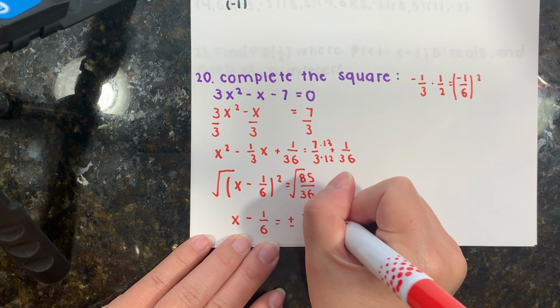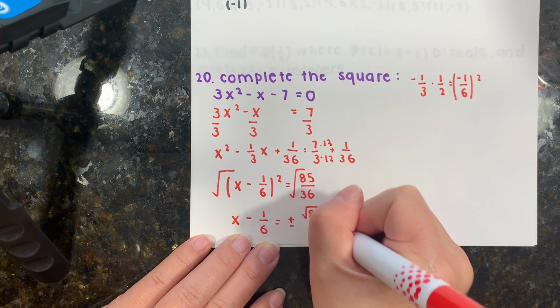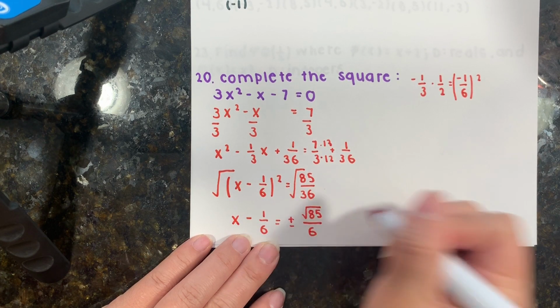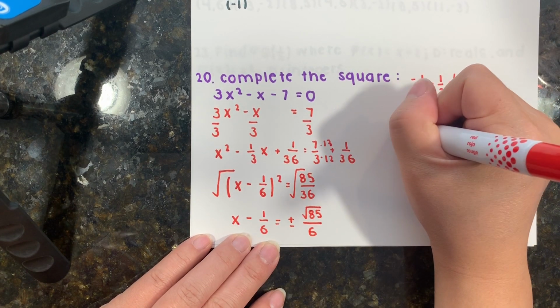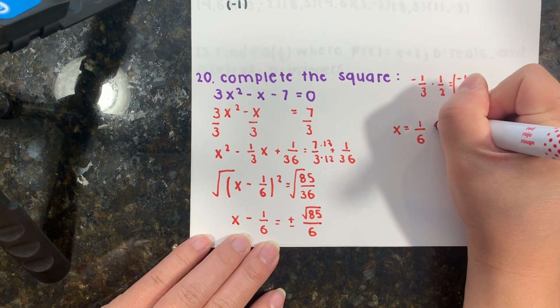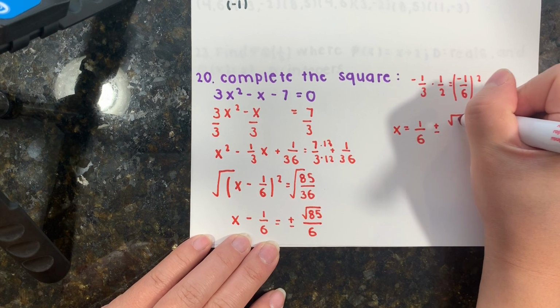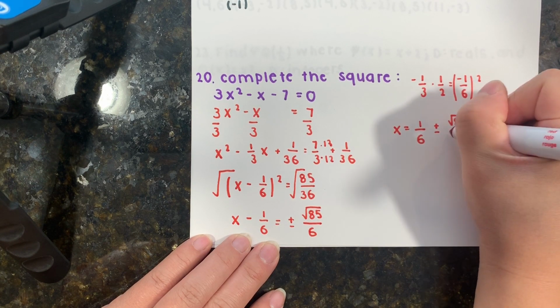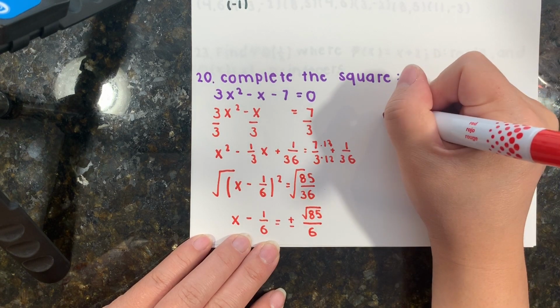There is no square root of 85. It does not simplify, but the square root of 36 would be 6. And your final answer would be you moving the 1/6 to the other side, making it positive 1/6 plus or minus the square root of 85 over 6.